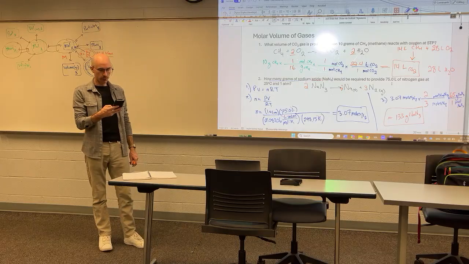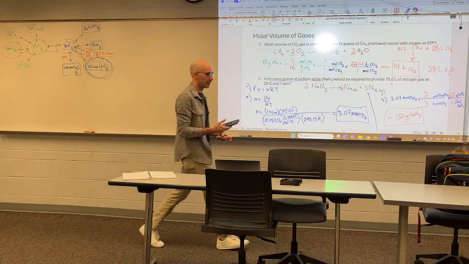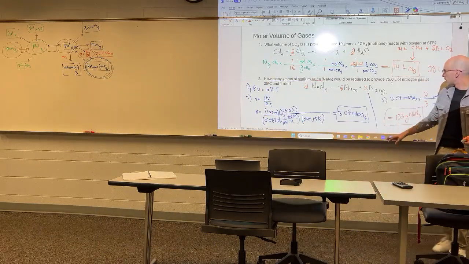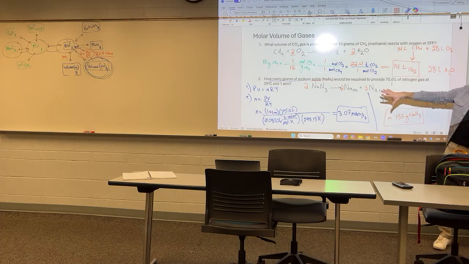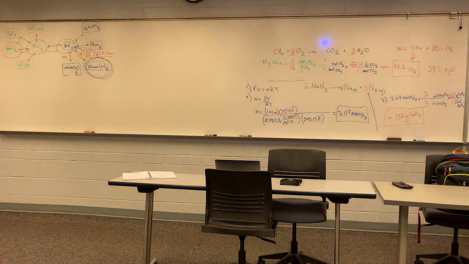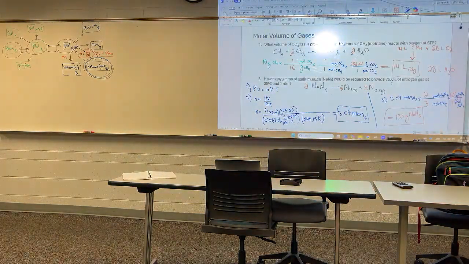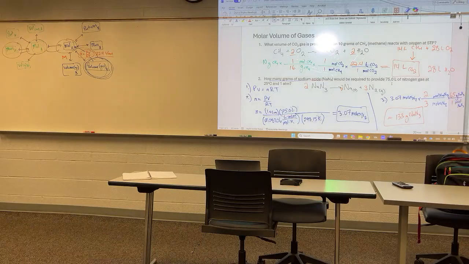Times 2 over 3 and times the molar mass, that would have made me think to put 145 grams of sodium azide, not 133. So the molar volume, it's not happening at STP, so I can't use that nice molar volume conversion because it changes the amount of my materials I'm expecting. Okay.